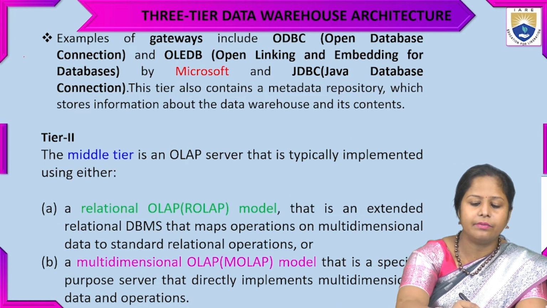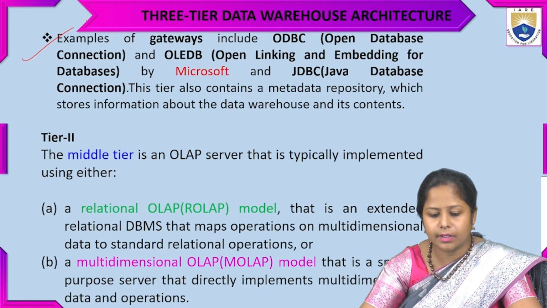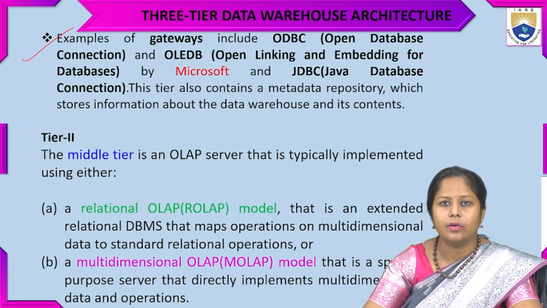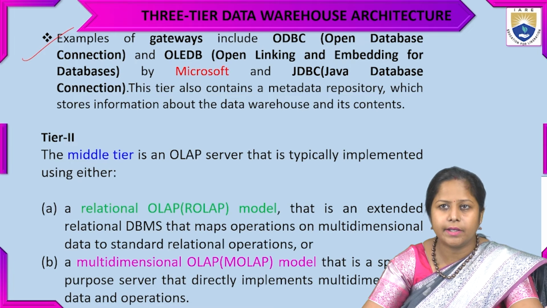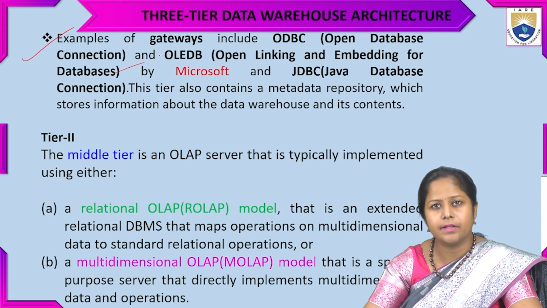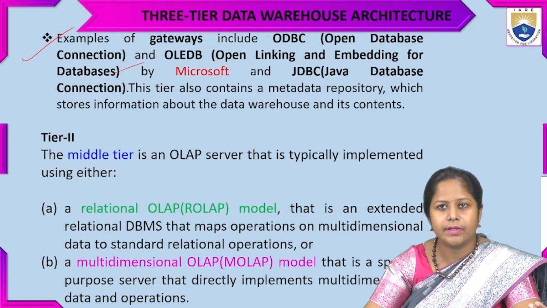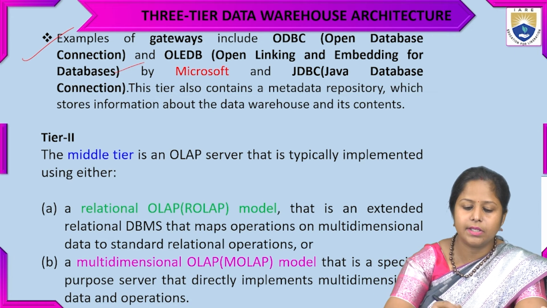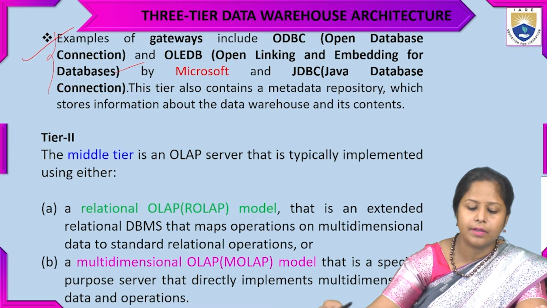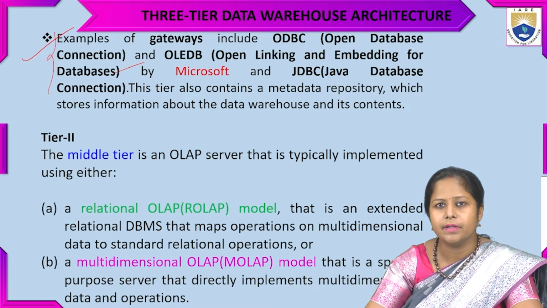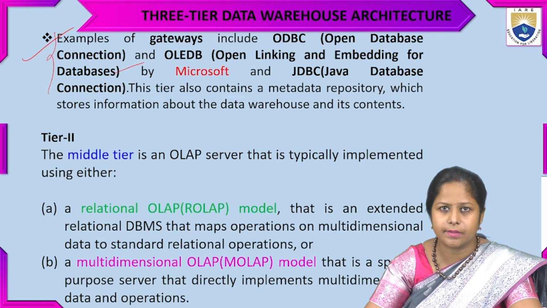Some examples of gateways are ODBC, Open Database Connectivity, OLE DB, Object Linking and Embedding for databases, which was invented by Microsoft, and JDBC, that is Java Database Connectivity. These gateways are constructed by the DBMS and given to the other client applications.